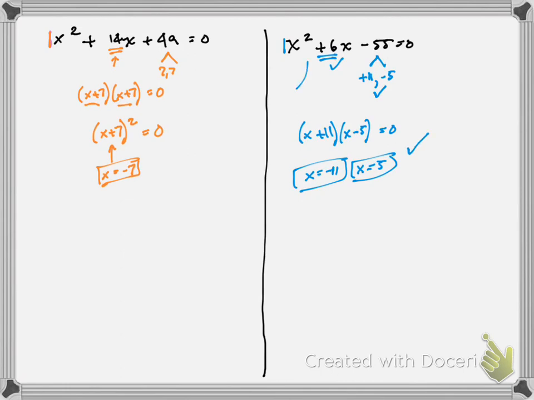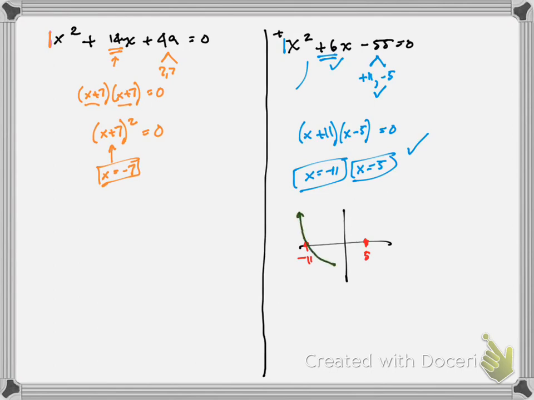I'll plot another one for you since I haven't plotted the last few. If I was going to plot this, just a sketch, positive lead coefficients, so we're going to be facing upwards. I've got zeros at negative 11 and positive 5. And if I was going to sketch that curve, it would look something like this.